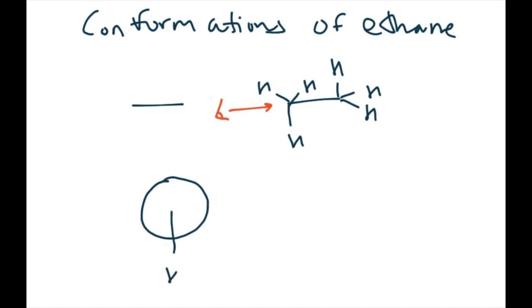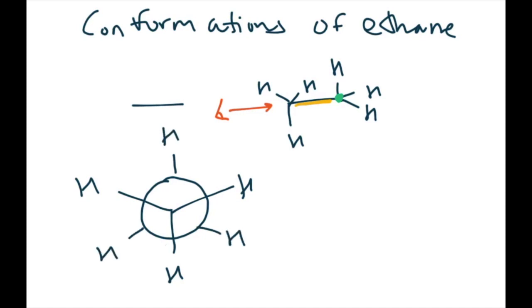That you can see, a hydrogen, and a hydrogen. Now, I can't see this bond, right? That bond is the one I'm looking straight at. So I can't see it, but I can see the carbon back here. And that's going to give me a hydrogen, and a hydrogen.